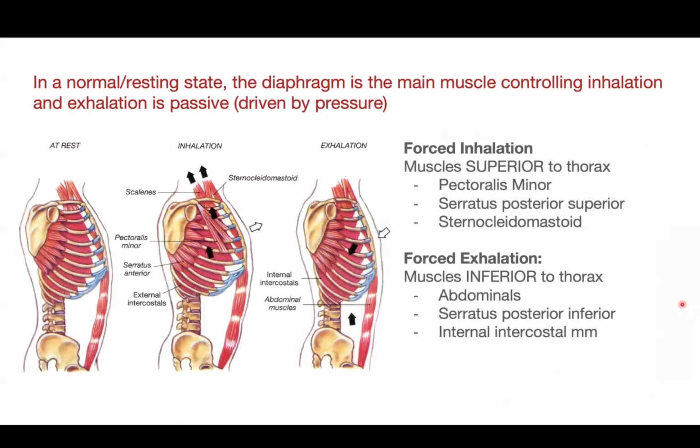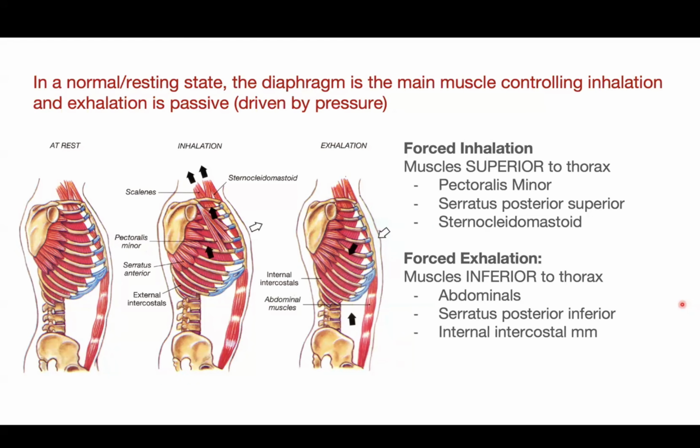At rest, only the diaphragm, with some assistance from the external intercostals, handles breathing. But under forced conditions, think exercise, distress, or exertion, we're gonna recruit some help from accessory muscles.